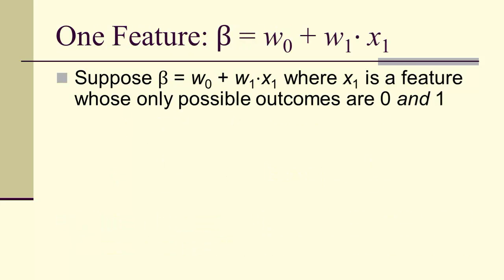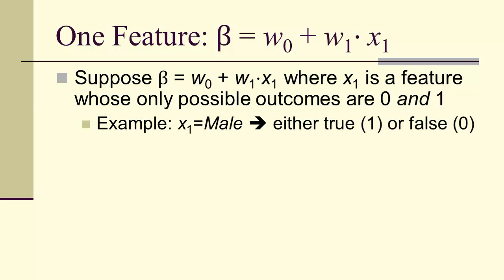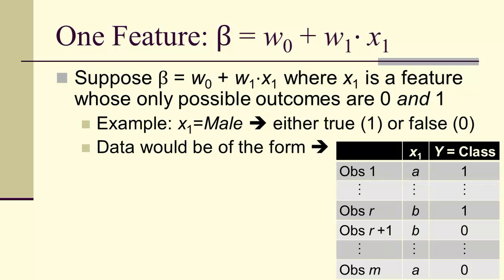Now let's suppose we look at the case of one feature. So beta here is W0 plus W1 x1, where x1 is a feature. And for now, we're only going to think about features whose possible outcomes are either 0 or 1. So for instance, x1 could be male, in which case true would be 1 and false would be 0. The data, therefore, is of this form.